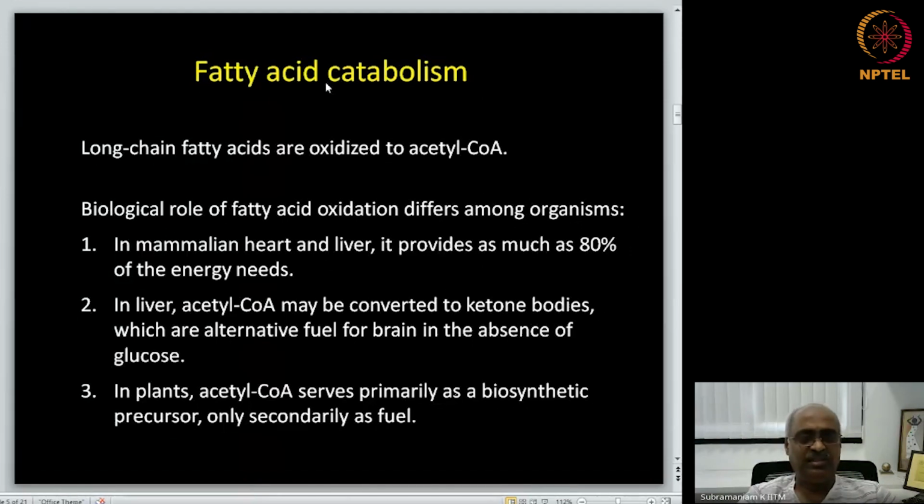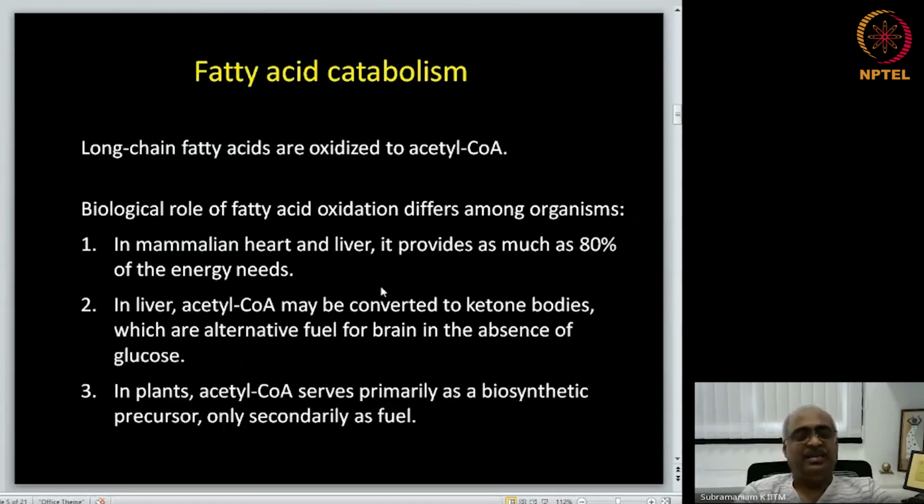So therefore all that summary about fatty acid catabolism is: fatty acids become acetyl-CoA. If you take the 16 carbon fatty acid, palmitic acid, which is one of the most common ones, it can form 8 acetyl-CoA. So it gets broken into 2 carbon moieties.